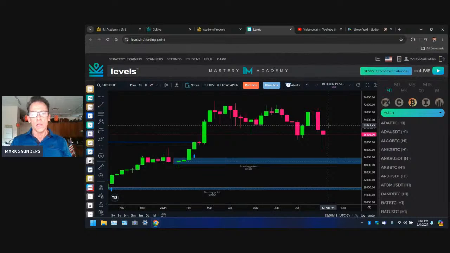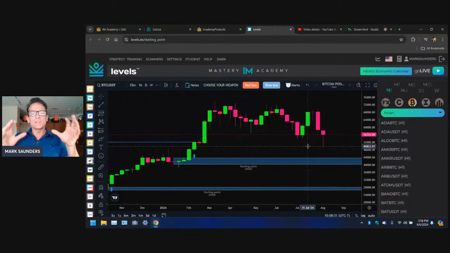All right. As we get started, this is Bitcoin on the weekly time frame. The thing about charts, if you're new, is that there are different points of view.